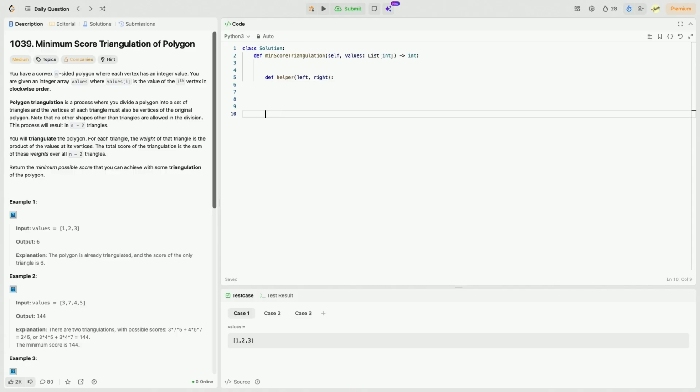And we have to call this helper function. And maybe we make the helper function return the minimum value. And helper left would be 0, and length of values would be right. So right would be exclusive. We could also do -1, then the right is inclusive.